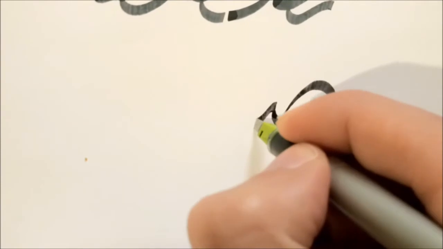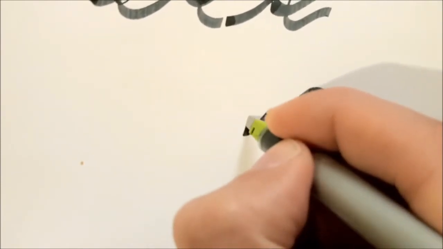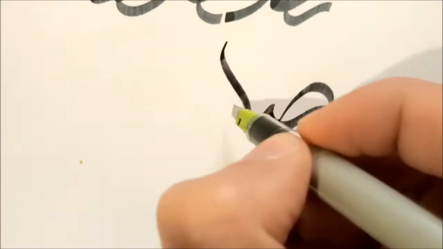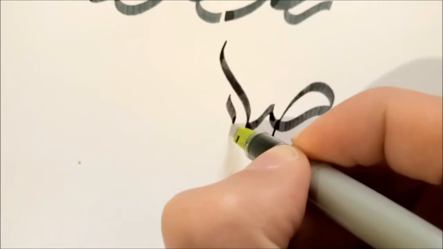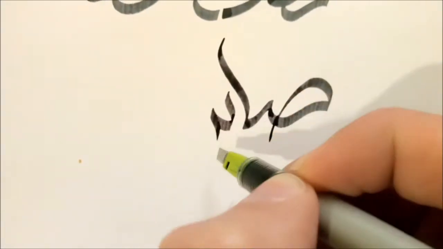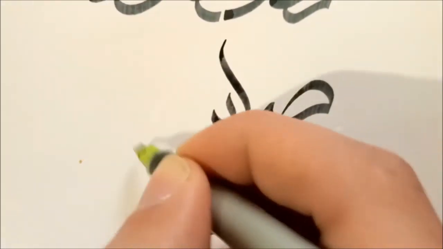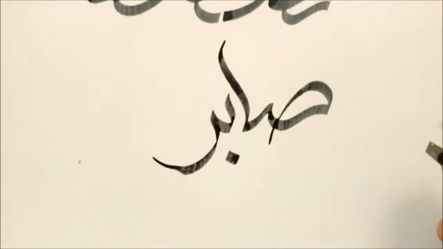Then you go down, stop here, you come back up with the Alif, and you add a Ba, and now it's up to you which Ra to choose or which Ba to choose. Here we have Sabir.